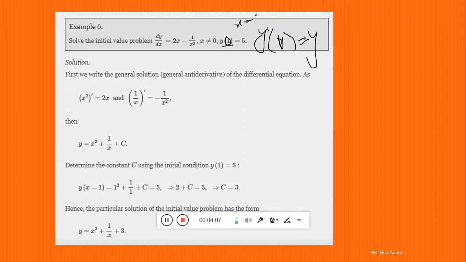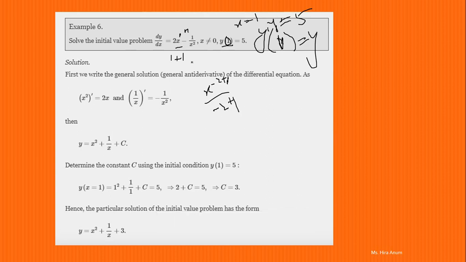X value is 1, y value is 5. So the integration of this becomes x power 1, so plus 1 over 1 plus 1, it becomes 2x squared over 2, plus minus 1 over x squared, taking it upside, it becomes x power minus 2 plus 1 over minus 2 plus 1.